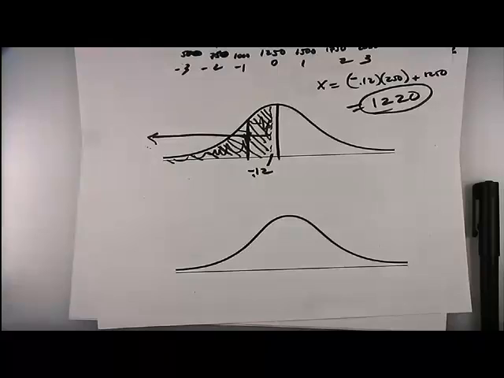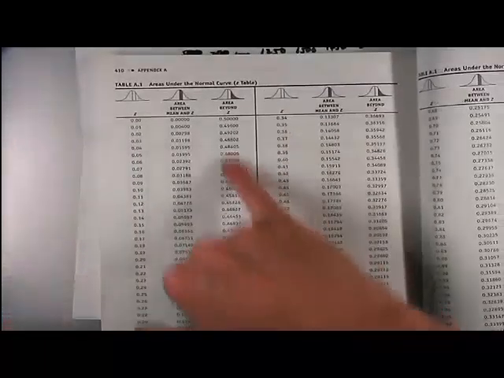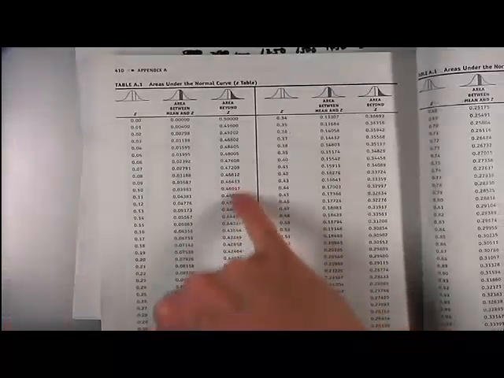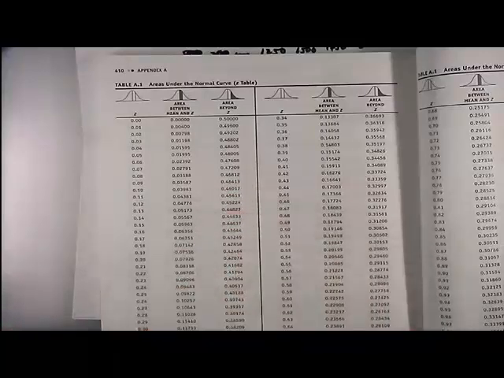It said the 45th percentile, so I need to know what the Z is for the 45th percentile. Find 45. If I'm unsure between two, think about the problem and what it's asking.